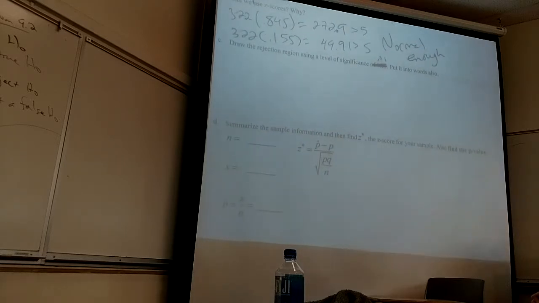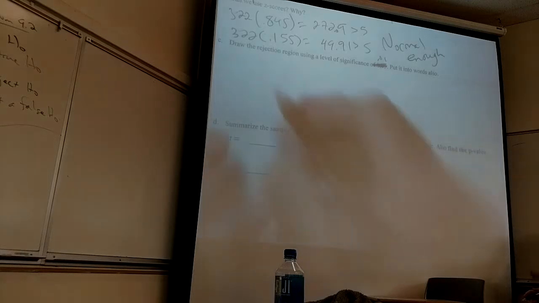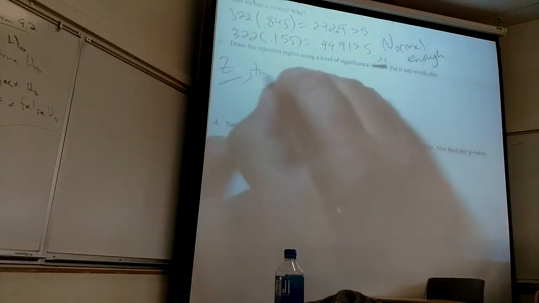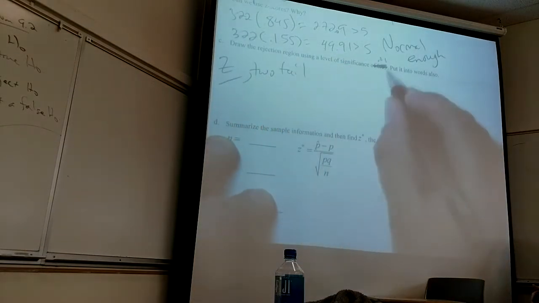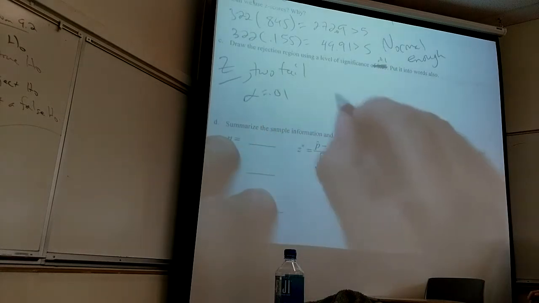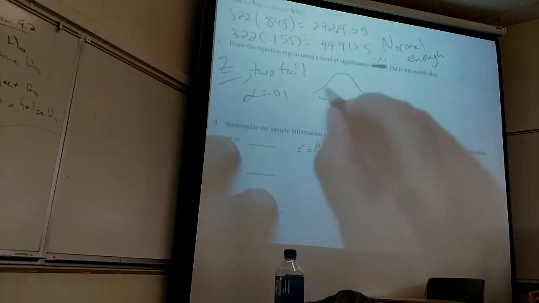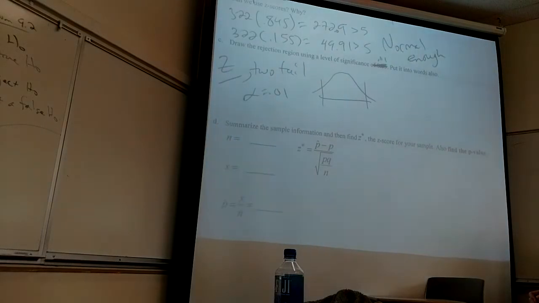All right. Now we know it's Z-scores we're allowed to use. We know it's a 2-tailed test. We know alpha is 0.01. What are those Z-scores going to be? 2.576.